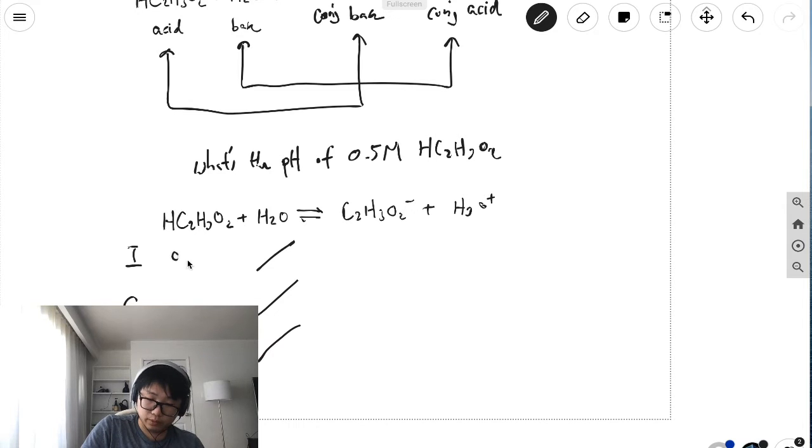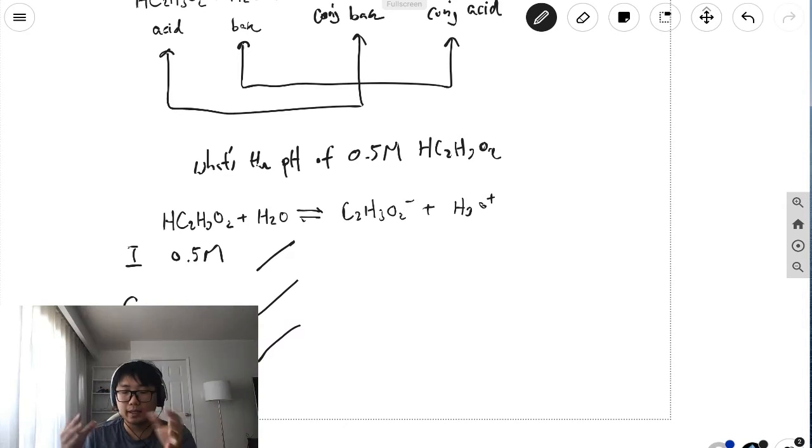We have 0.5 molar of the acetic acid. Well, when I just pour that in, do I have any acetate? Do I have any hydronium? I have nothing, right? So those concentrations were initially 0 because I have just poured the acid into my container. All right, you got that part. And then what are my changes? That one is according to mole ratio, right? So this is the same thing as equilibrium, last chapter stuff.